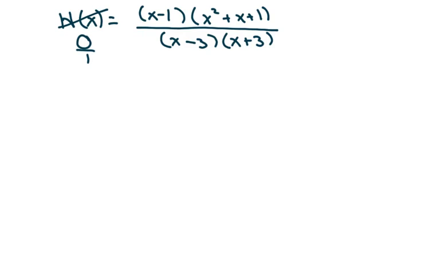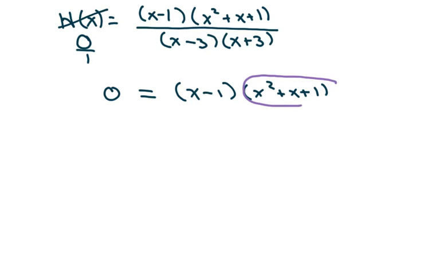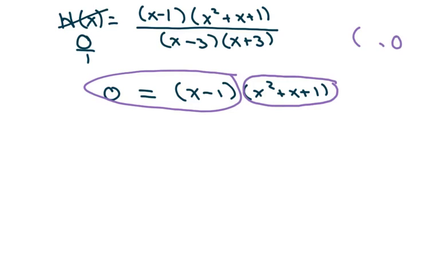When you cross multiply, the denominator goes away, so we're basically setting 0 equals x minus 1 times x squared plus x plus 1. This part right here has no real zeros. It has complex zeros but not real ones, so we're only looking at this part. So when y is 0, x is going to be 1, because you have 1 equals x.